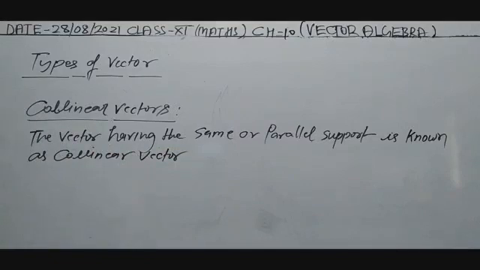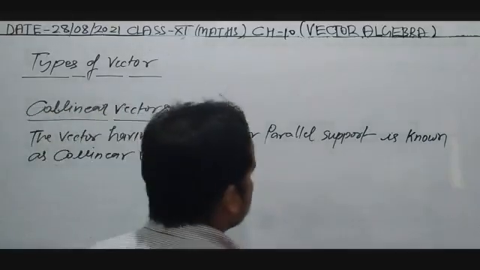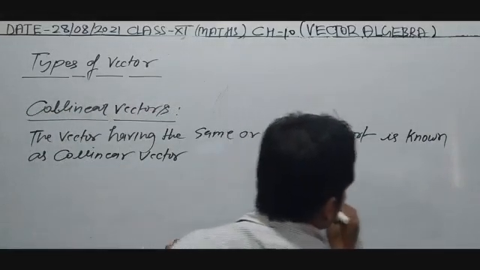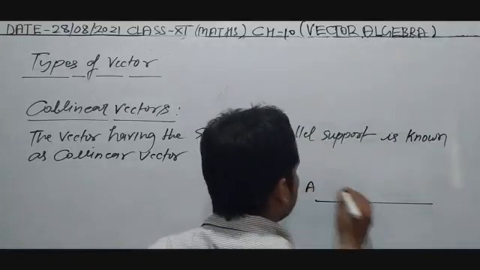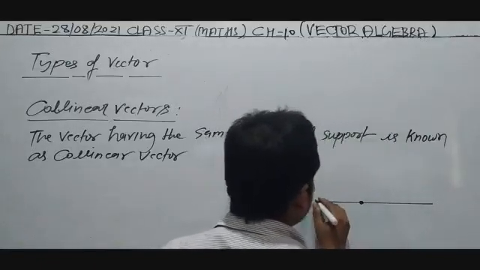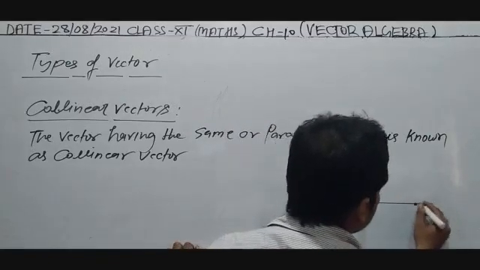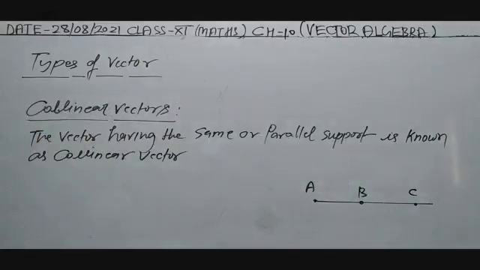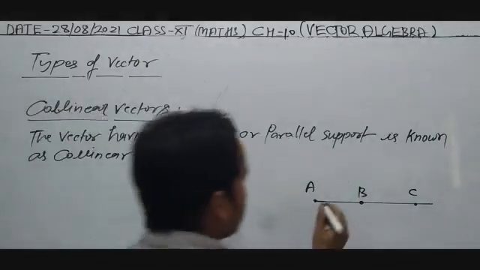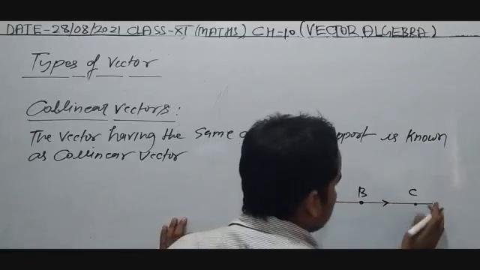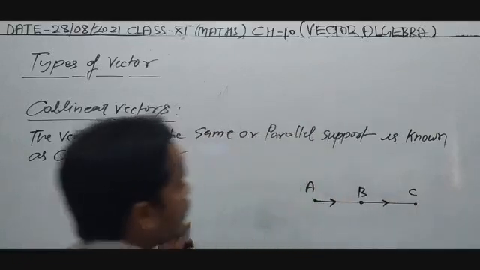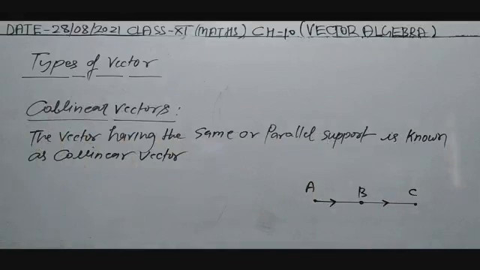Now suppose I am going to draw three vectors. Suppose we have taken 3 points A, B and C, and arrows AB, BC and AC.